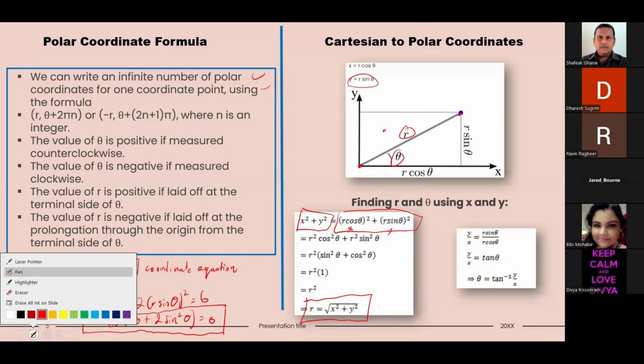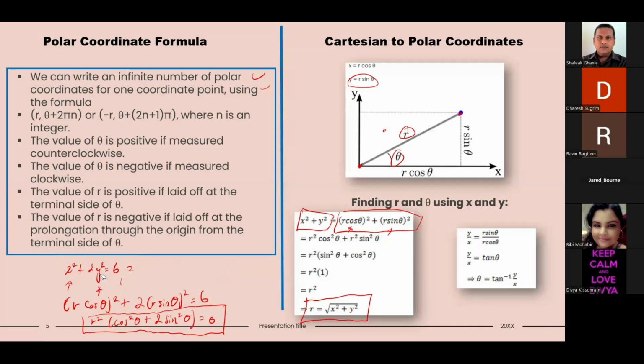A next example, say for example, you have the polar equation r is equal to 8 cos theta, and I want you to transform it into the rectangular coordinate equation.